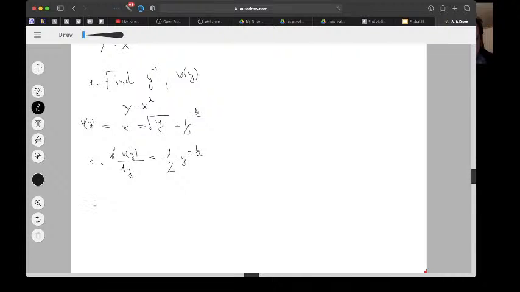The next step will be fill this in the formula. Fill formula. So the formula is f of y is equal to f of x v y times our derivative.